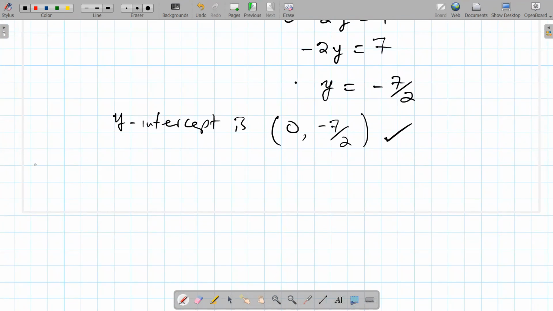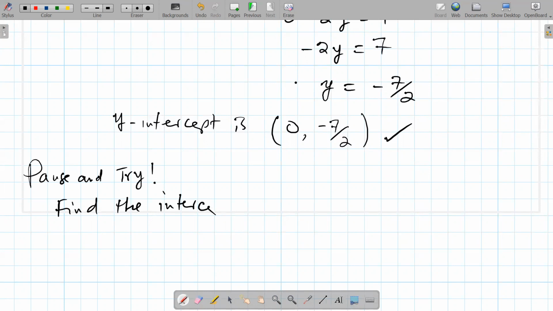You can pause the video. So pause the video, pause and try. Find the intercepts for the equation 2x minus 5y equals 0.